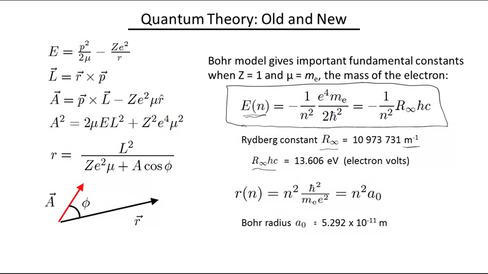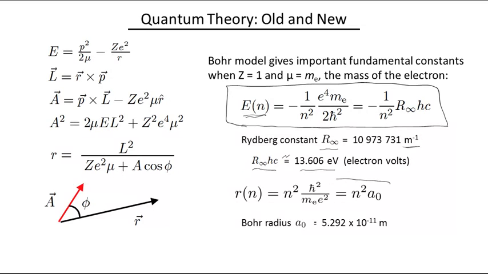And this number, R infinity hc, is approximately equal to this number in electron volts. That's the energy change that you get by moving an electron through a potential difference of 13.6 volts, about the voltage of a car battery.